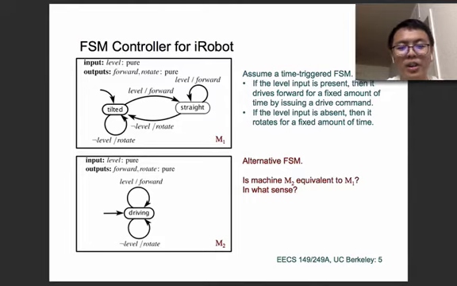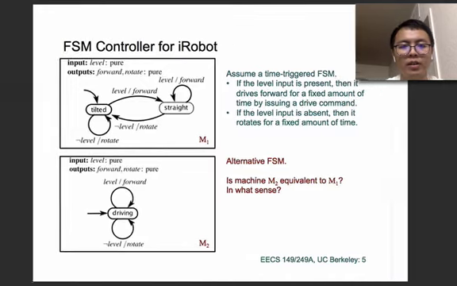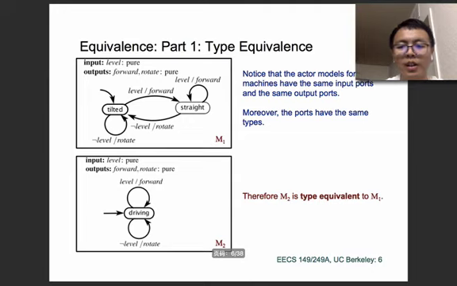Because they are equivalent, we only need one state to handle these situations. But M1 has two states to handle all possible situations. So M1 maybe looks more stupid. Then we can move to another interesting notion of equivalence.